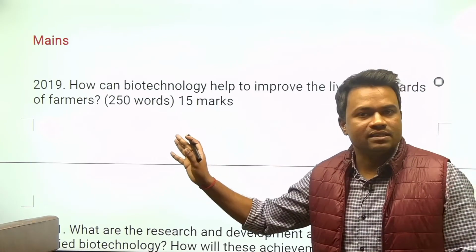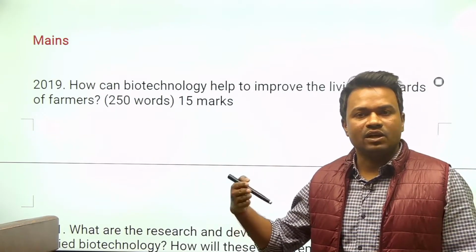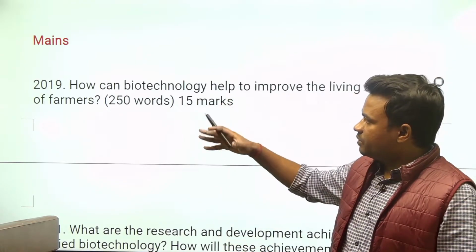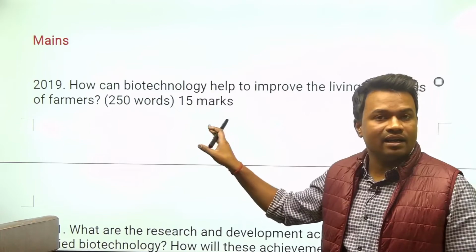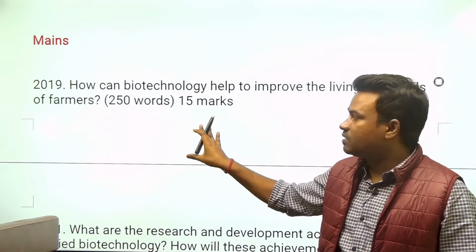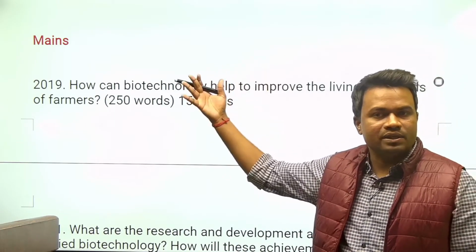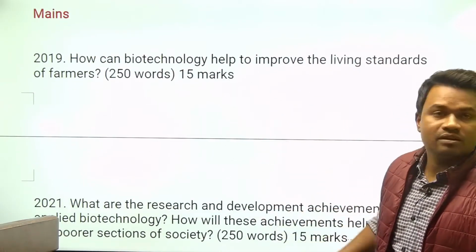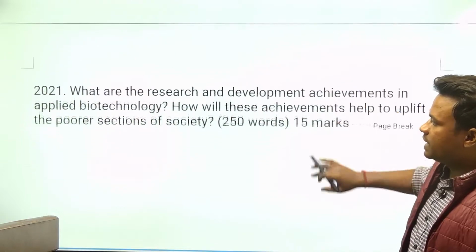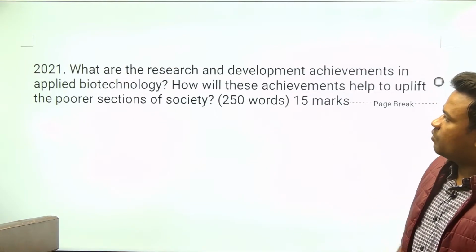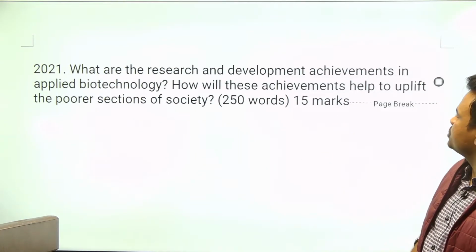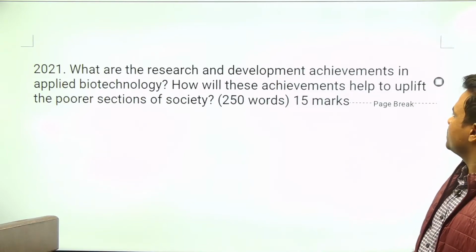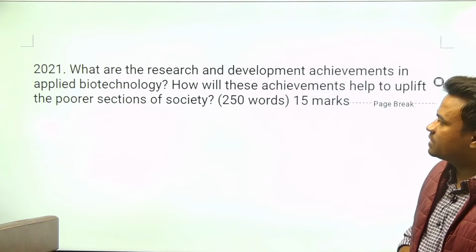We have discussed the economic and social impacts of GM crops, so we can draw on that section of the discussion to answer in 250 words. The next question, 2021: What are the research and development achievements in applied biotechnology? How will these achievements help to uplift the poorer section of society?